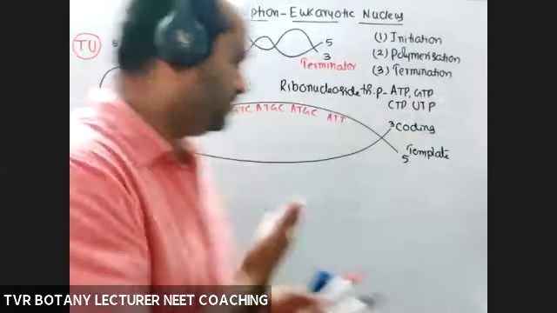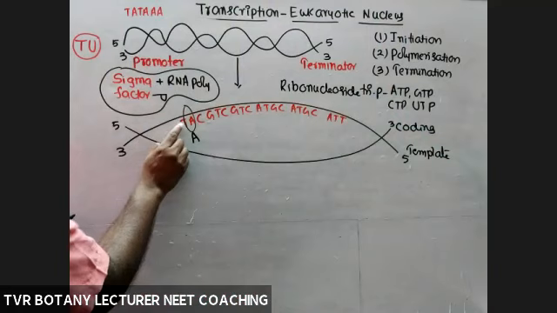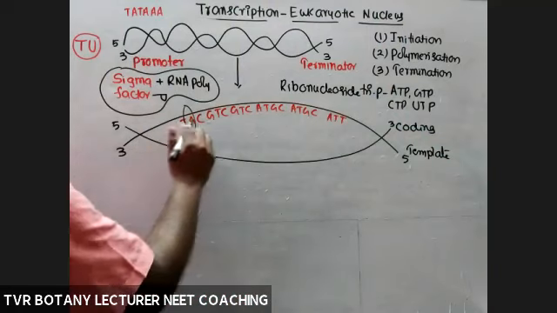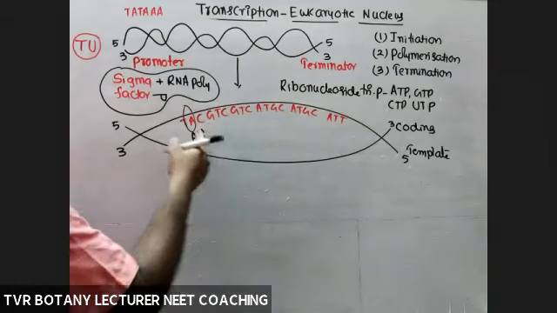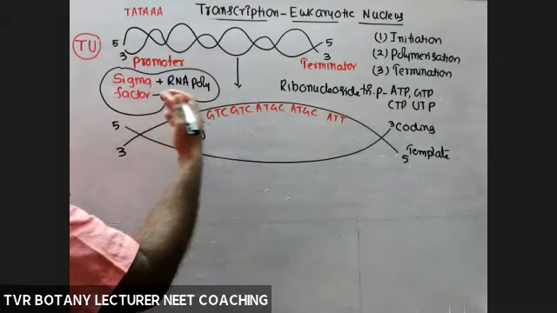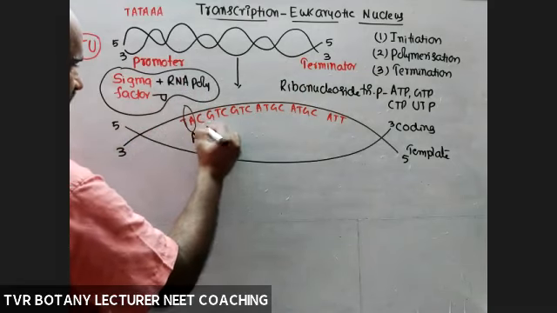What are the substrates? Nucleotides plus energy. So according to complementarity, T means A. So A means U. Take UTP minus 2 inorganic phosphates, terminal phosphates. C, G, and continue it.